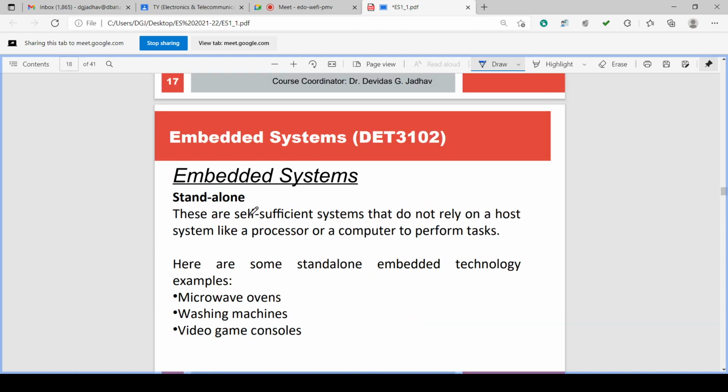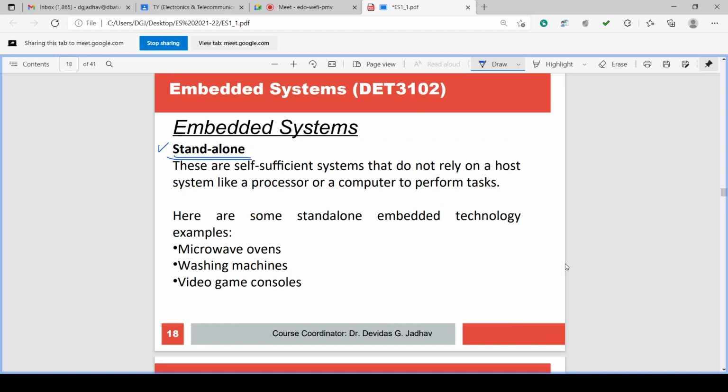Then the next type of embedded system is the standalone embedded system. So what do you mean by standalone embedded system? This word itself is explaining what it means. These are self-sufficient systems that do not rely on a host system like a processor or computer to perform the task.